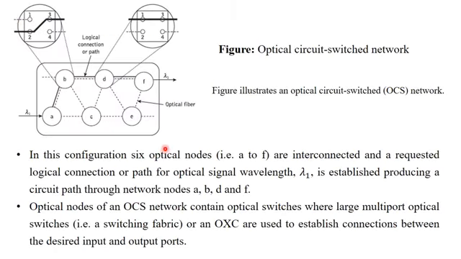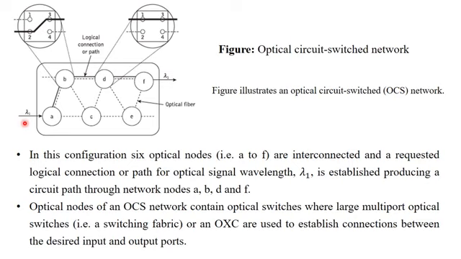Let us consider a simple 6-node network for the explanation of optical circuit switching. Here we can observe node A to node F in a sequential manner. Two nodes are being elaborated, B as well as D. Now here we consider that A is the source node, and at F we are going to get the output.